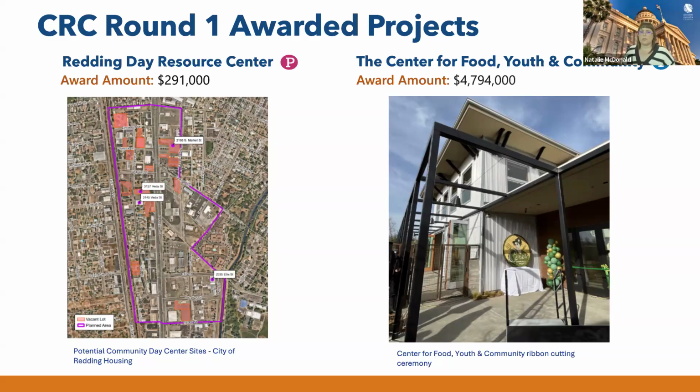For an example of an implementation grant, we can look at Ceres Community Project. Ceres recently completed construction and has begun operation of a fully accessible, energy-efficient CRC facility called the Center for Food, Youth, and Community in Southwest Santa Rosa.